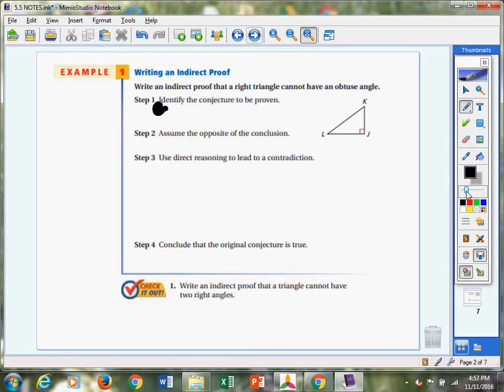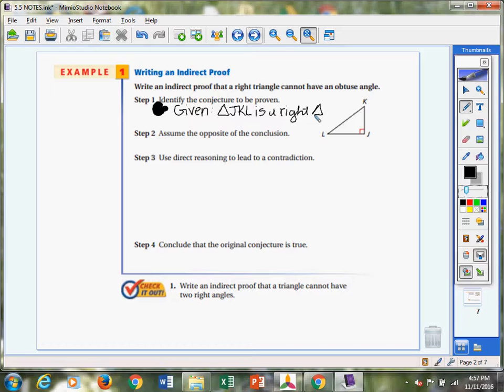Let me bring that down just a little bit. I apologize in advance for that being so gross. All right, so given, that's better. Given, we know that triangle JKL is a right triangle. Okay, we know that. The figure is showing that. We're given that in that first statement.